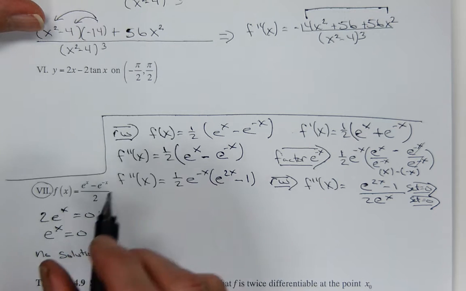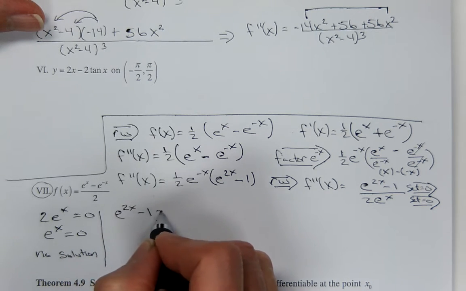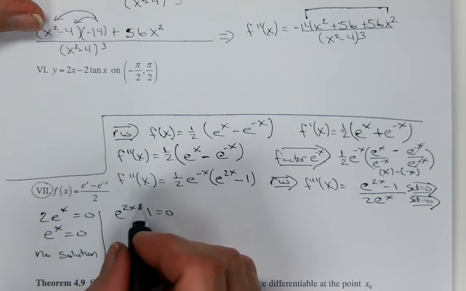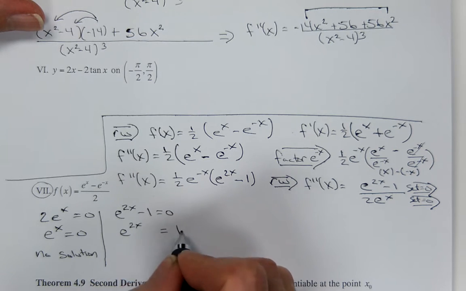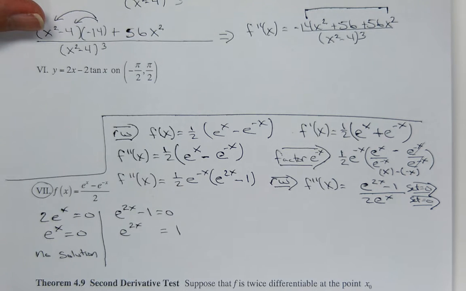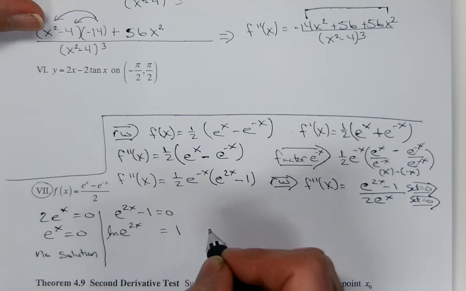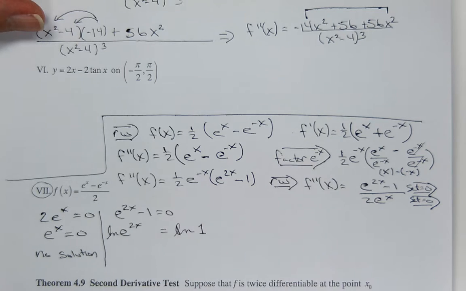And then our other one, we have e to the 2x minus 1 equals 0, and this one will pan out for us. We'll add 1 to both sides. e to the 2x equals 1. And then I'm going to apply the natural log to both sides to free that x from the e. So natural log e to the 2x equals natural log 1.